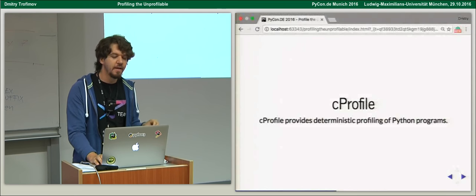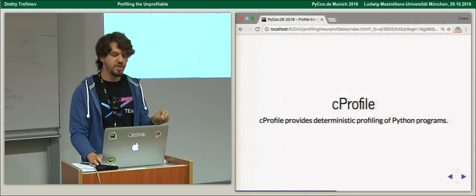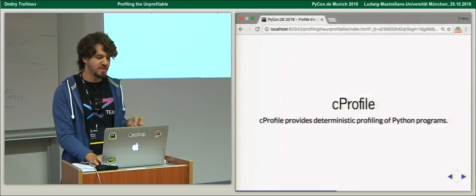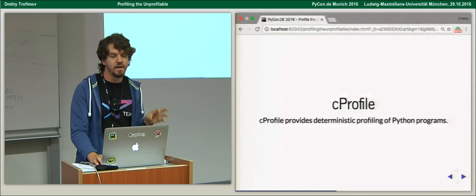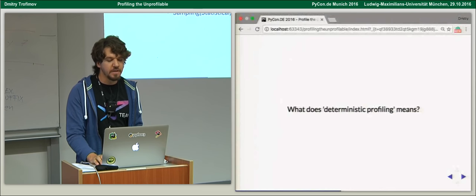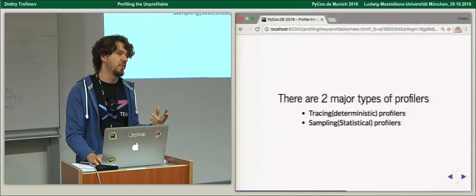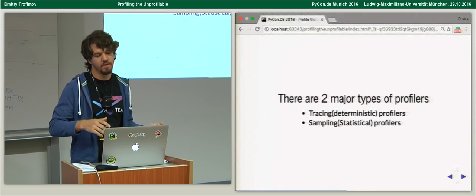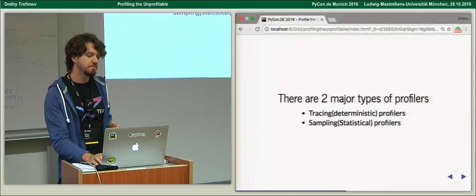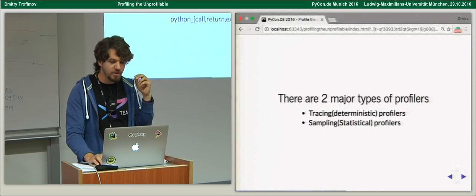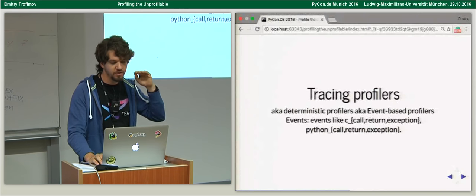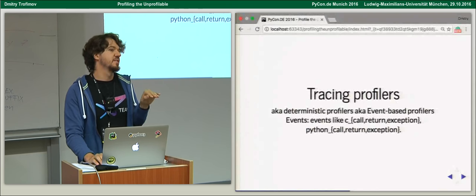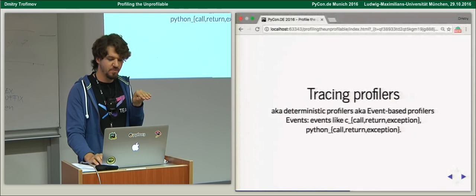So cProfile actually is a tracing profiler. It provides deterministic profiling in Python programs. And what does it mean? There are two types of profilers. There are tracing or deterministic profilers, and there are sampling or statistical profilers. And tracing profilers work by tracing all the events of your code.